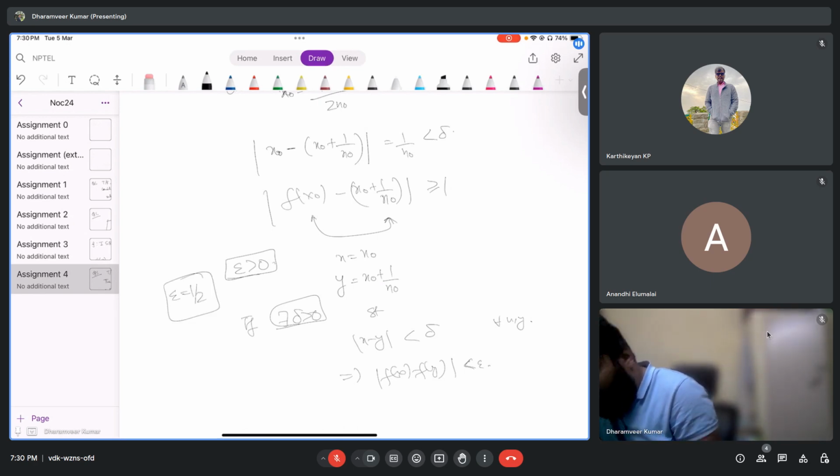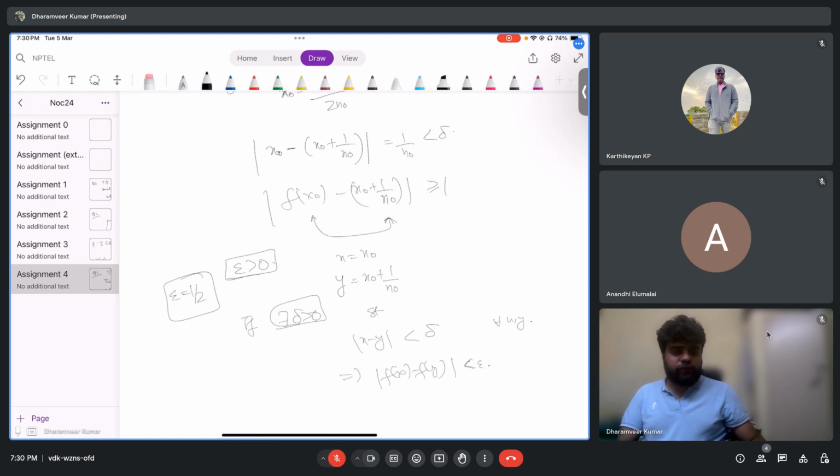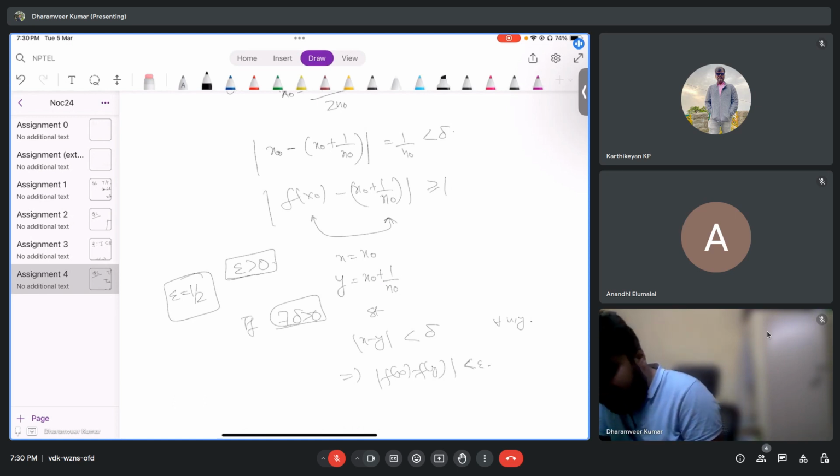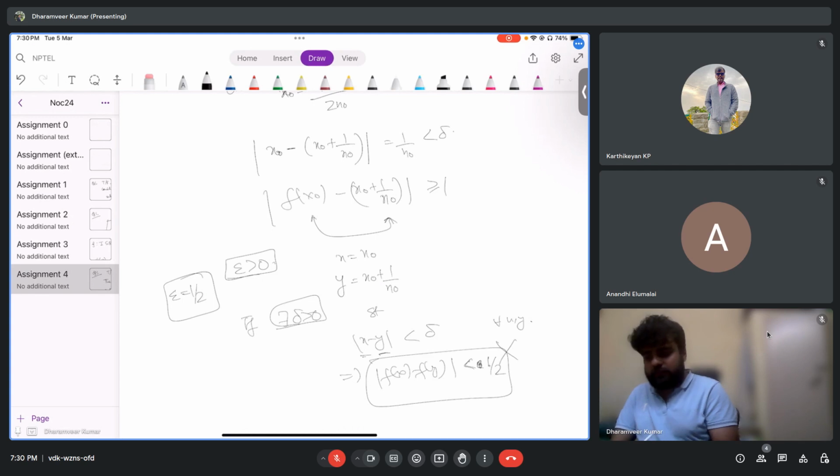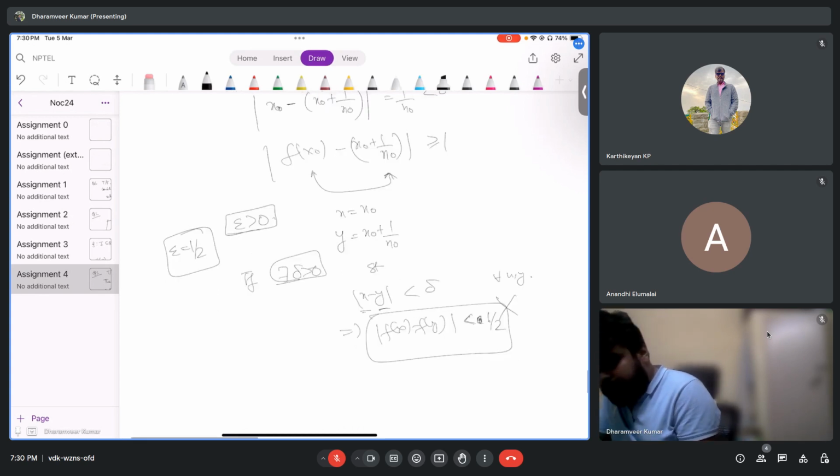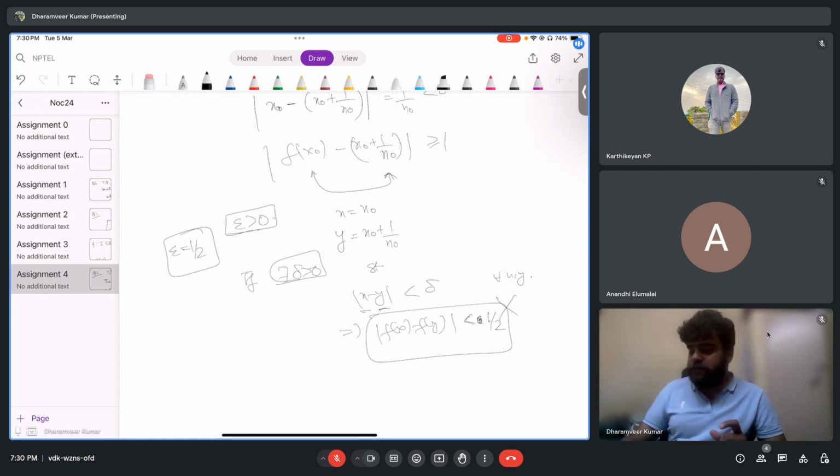Now, no matter what delta you choose, I will always find points x and y such that x minus y is less than delta, but this cannot be satisfied because we have already done this. You understand my point? If epsilon was half, there would have to be some delta greater than 0 such that this is true for all x and y.